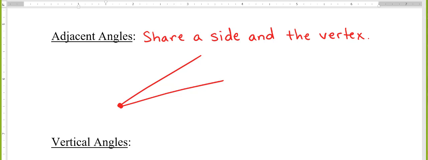Here's the vertex. Adjacent angles would look like that. They share this common side and they share the vertex. Those are called adjacent angles.